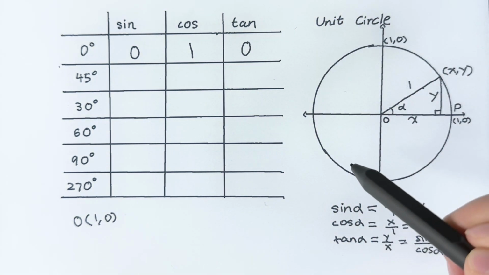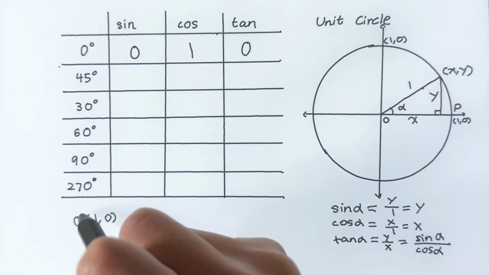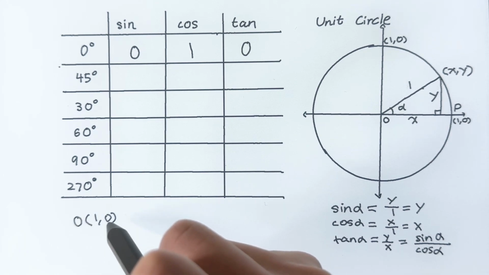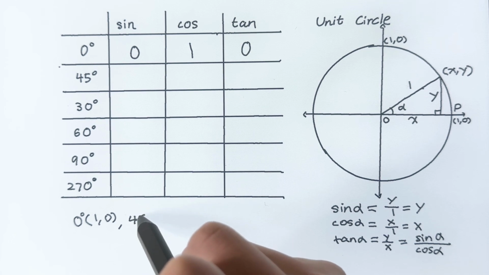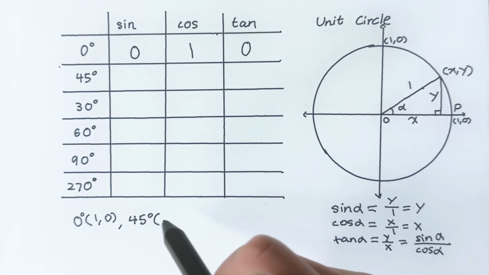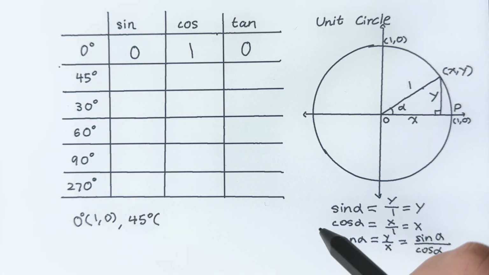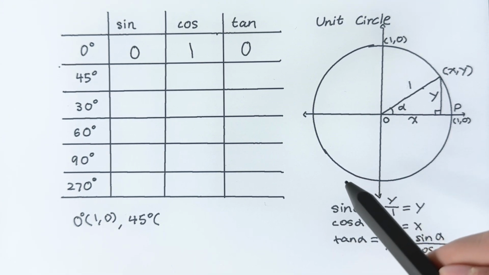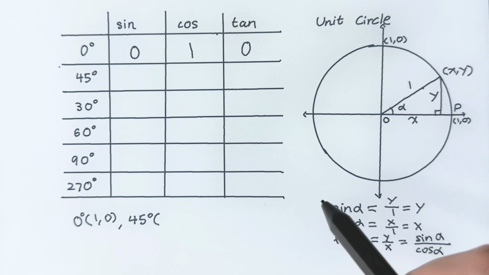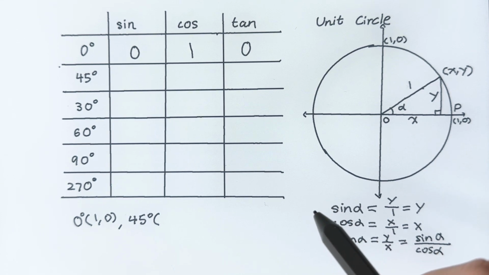45 degrees. For 45 degrees, it is a special triangle, the 45, 45, 90 right triangle. In the 45, 45, 90 right triangle, the sides have a ratio of 1 to 1 to square root 2.